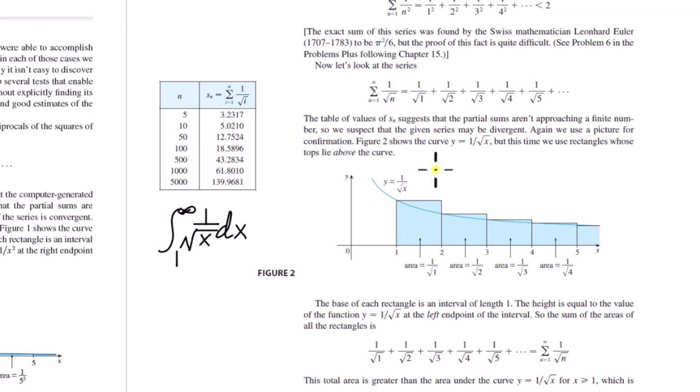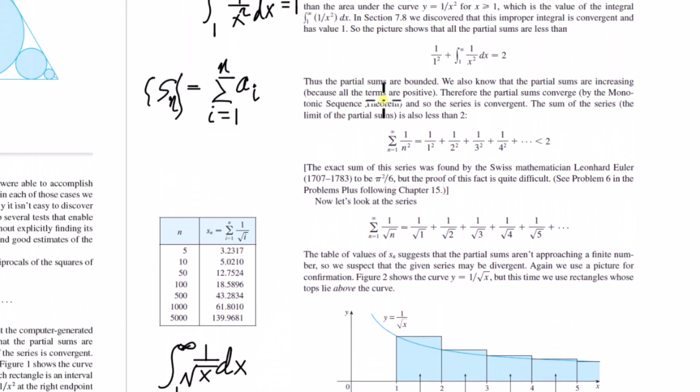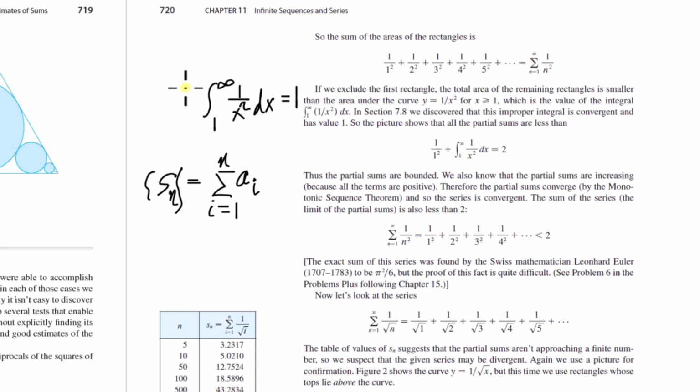Now, this is a little confusing because of how it's set up. For the convergence case, we were trying to use this improper integral as a comparison to the series.